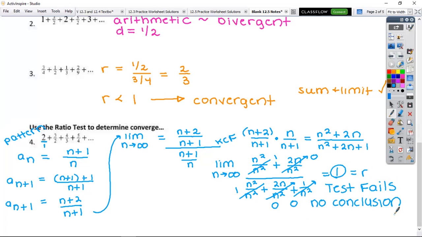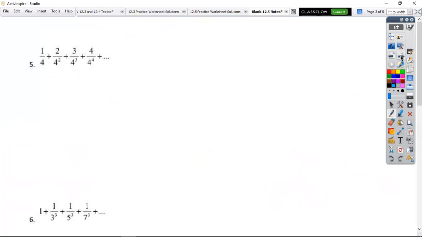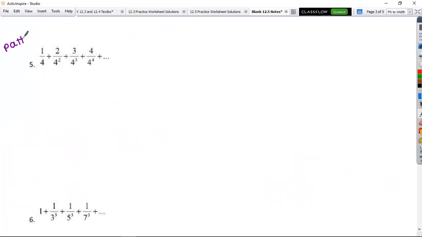All right, so let's do another one. And again, you want to look at these and think what kind of pattern is occurring here to write your formulas out. All right, so I'm looking at the top first. And again, in your head, think pattern. And I'm going to do this just so that they all look the same.